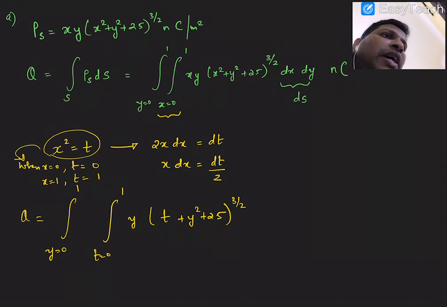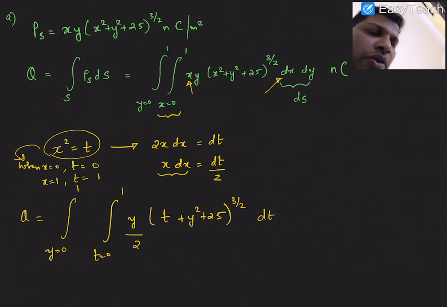Then you can see that there is a term x into dx, which we have already seen is dt over 2. So this becomes y over 2.